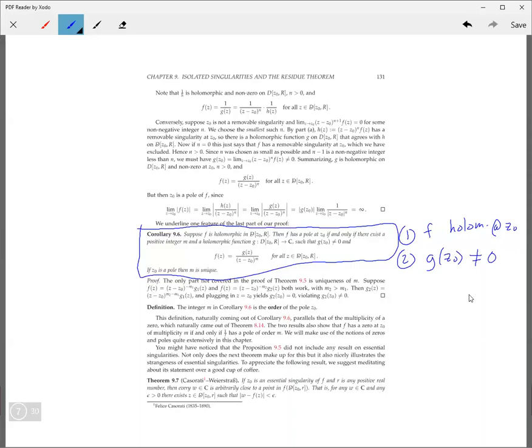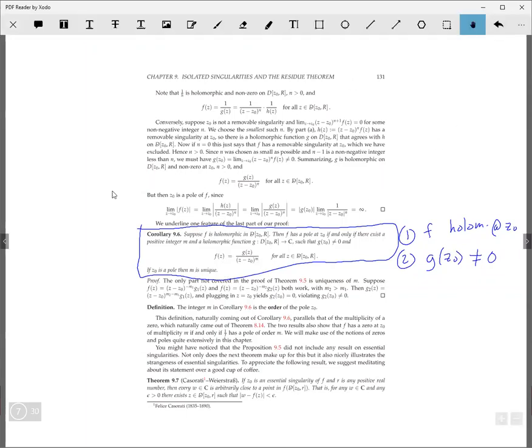Okay, and so those are the two things that you got to look for. And if you get that, then if it's a pole, there's going to be a number m that will work. Okay, and no other value of m will work.